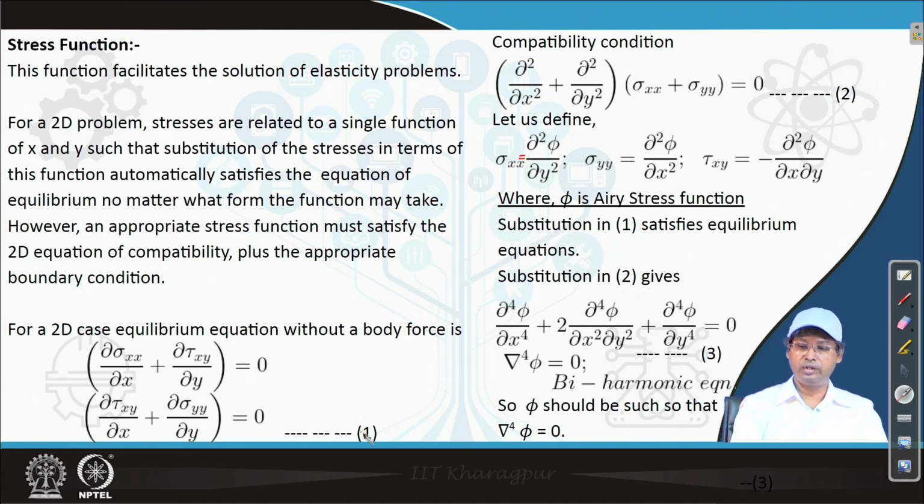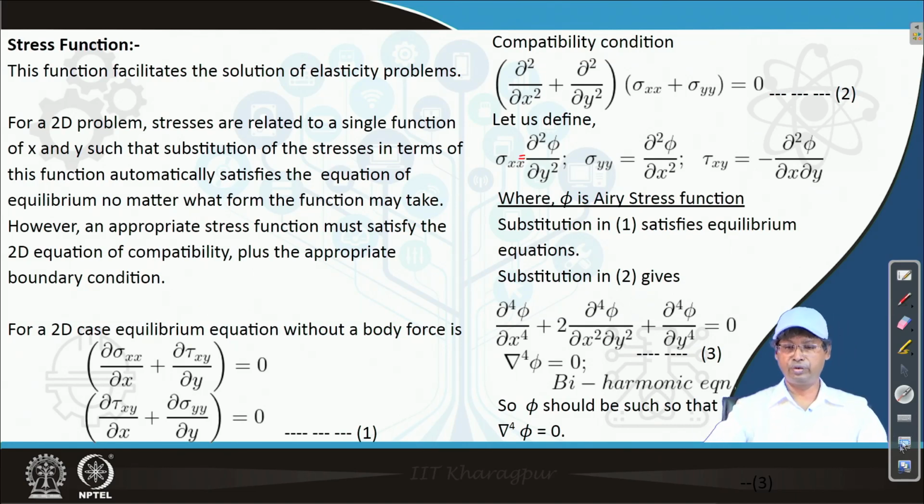Substituting in 1, this satisfies the equilibrium equation. So this can directly be substituted here, and we say that this takes the form of the biharmonic equation, grad 4 phi is equal to 0. If this is satisfied, we say that the equilibrium condition is satisfied.